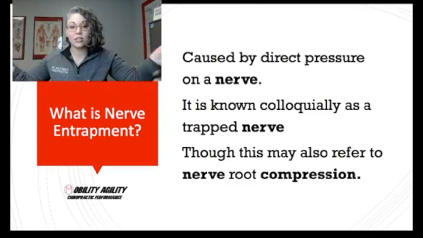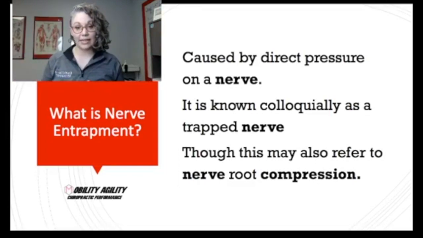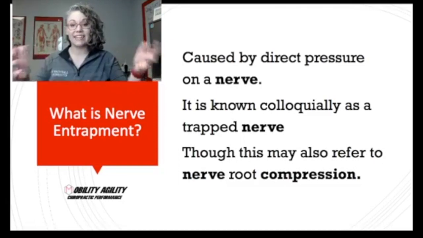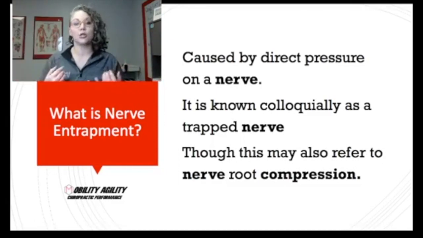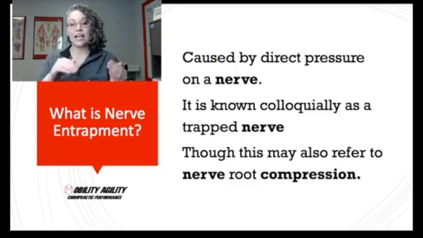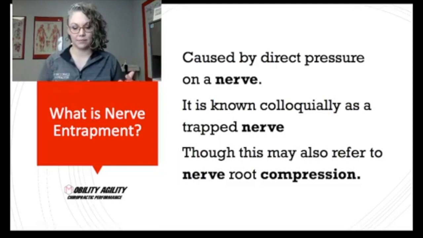We have tiny nerves shooting out from that that control the rest of our body. It both sends signals out so we can move, and it sends signals back to interpret pain, heat, how we move, how we touch, how we feel things. So when that's interfered with by some direct pressure, we get symptoms.